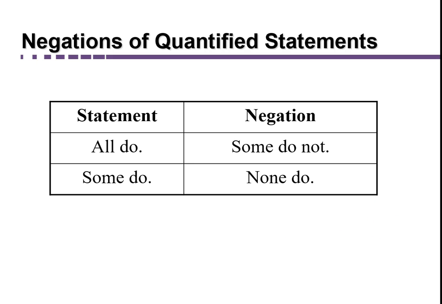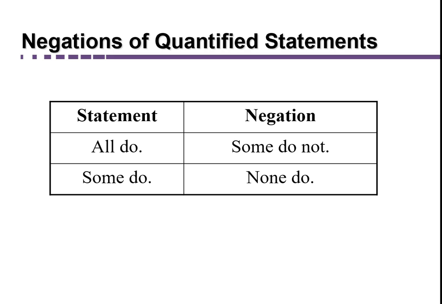And again, a little chart that might be very useful. The statement is all do, and the negation is some do not. The statement some do, the negation none do.